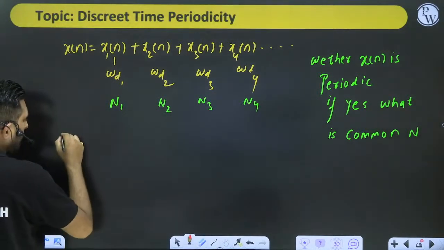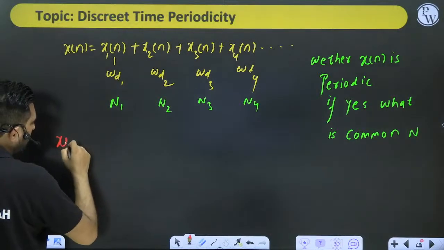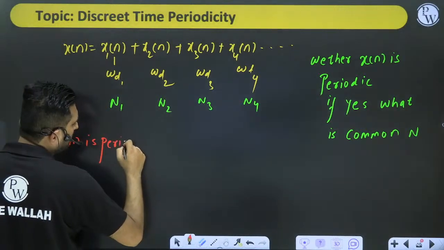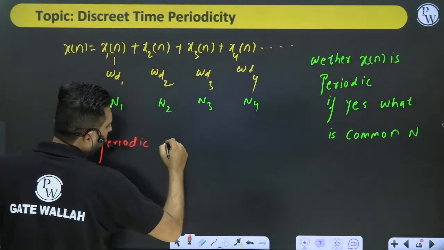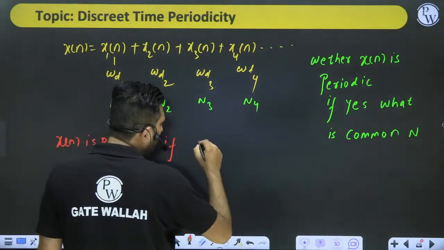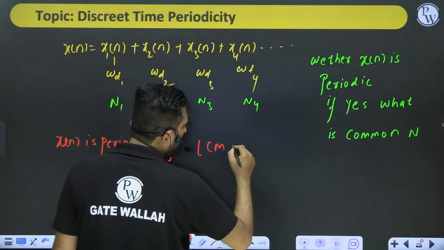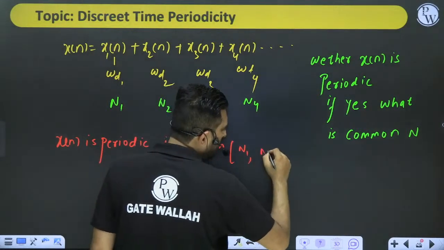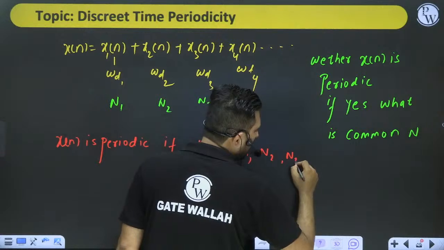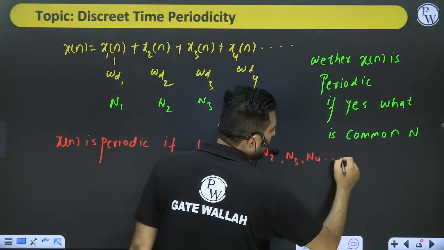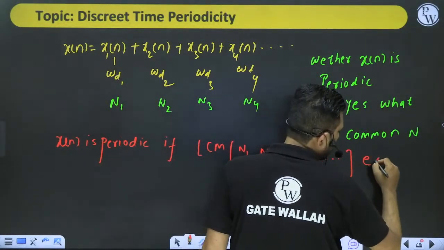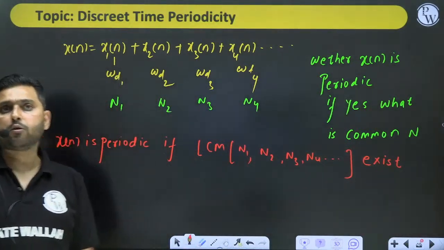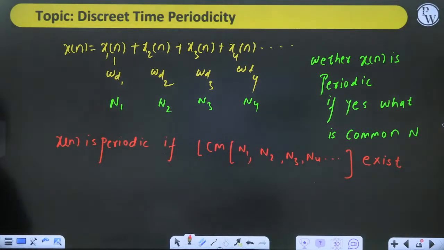Listen carefully. Let's say in this way, x[n] is periodic if the LCM of n1, n2, n3, n4 and so on exists. Again the same thing. In the last class, I told you the same thing for T1, T2, T3, that the LCM exists.